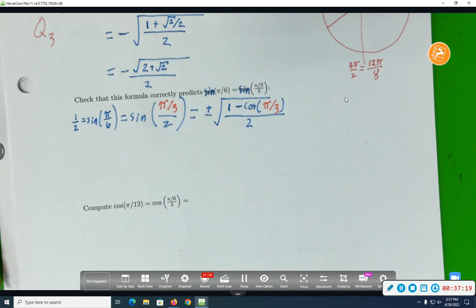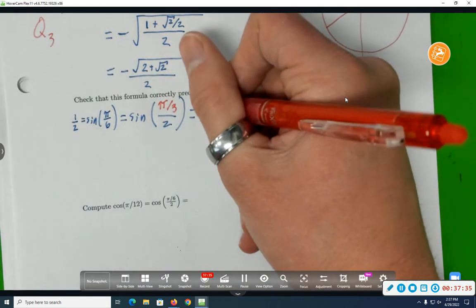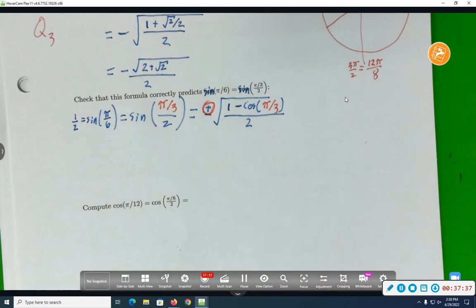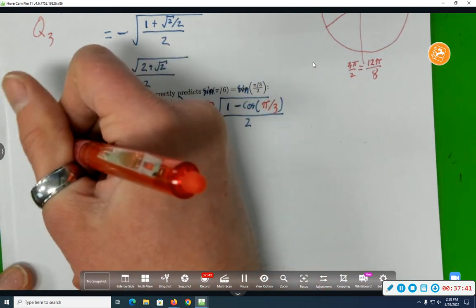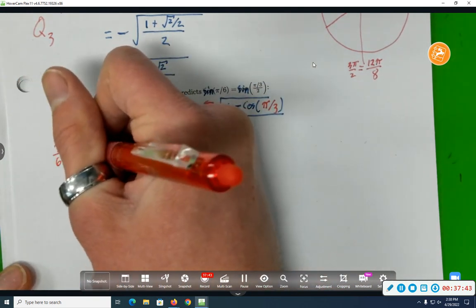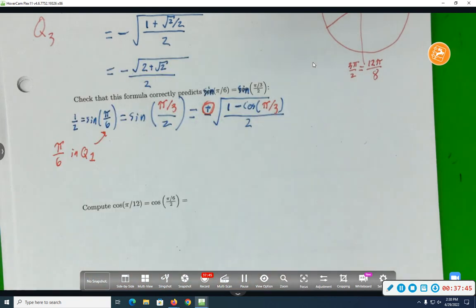Let's see. Pi over 6. What quadrant is it in? Quadrant 1. And quadrant 1 is sine positive or negative? Positive. So should this be positive or negative? Positive. Cool. Because this pi over 6 is in quadrant 1.